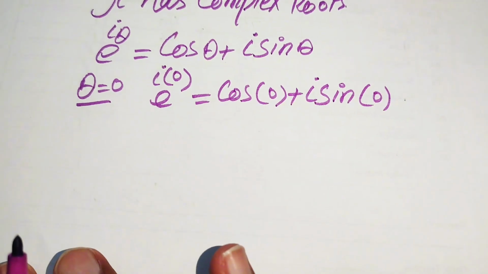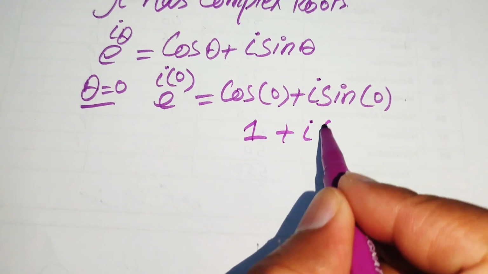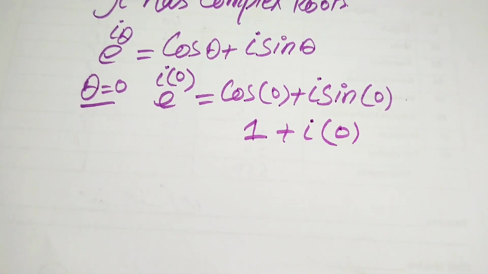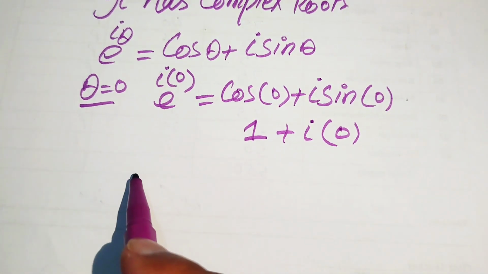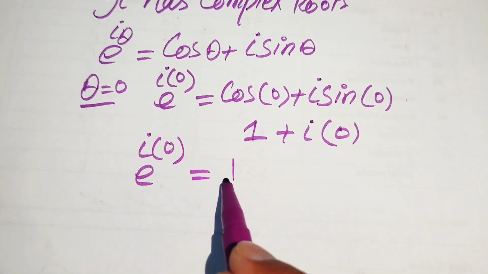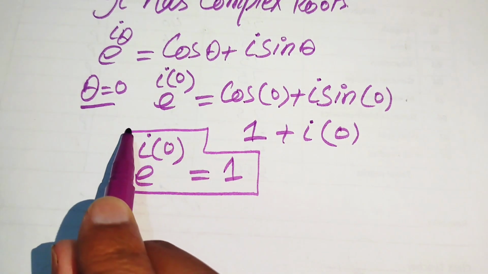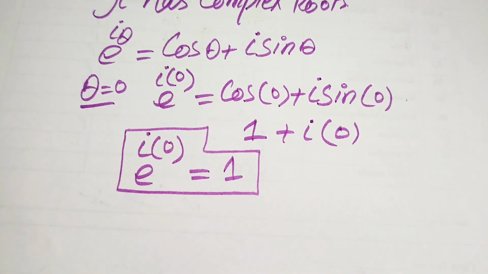And here we know that the value of cos of 0 is equals to 1, and plus iota, the value of sine of 0 is equals to 0. So here we just get that e to the power of iota 0 is equals to 1. So it means that the value of Euler's identity for theta equals to 0 is equals to 1.